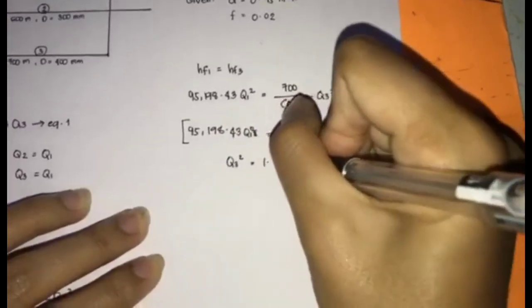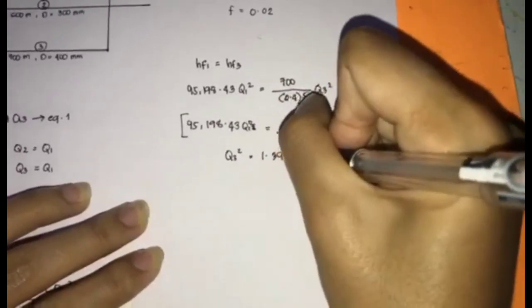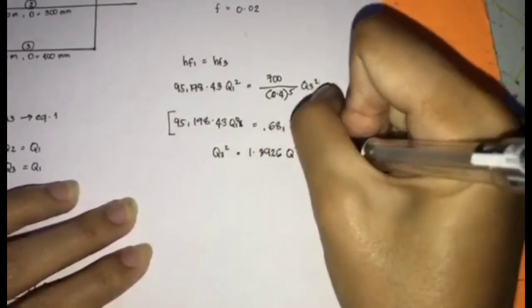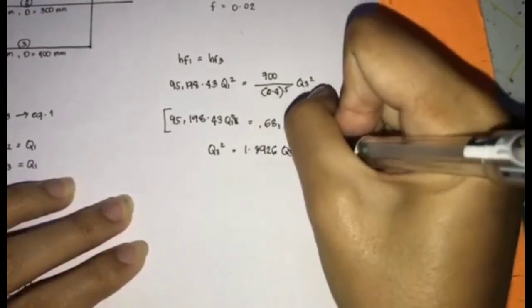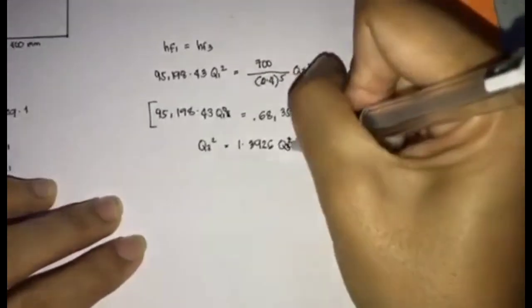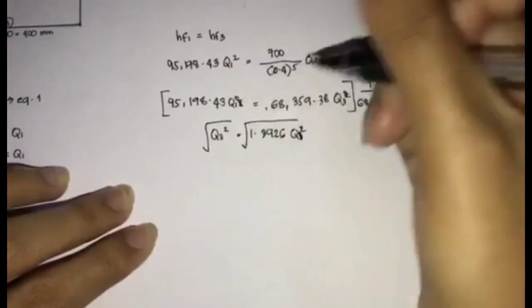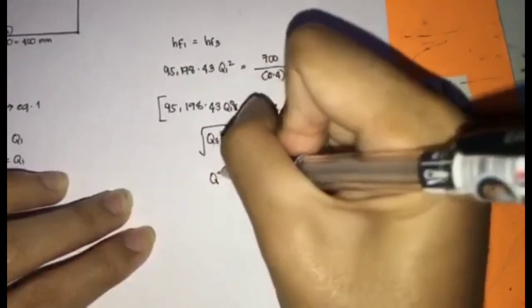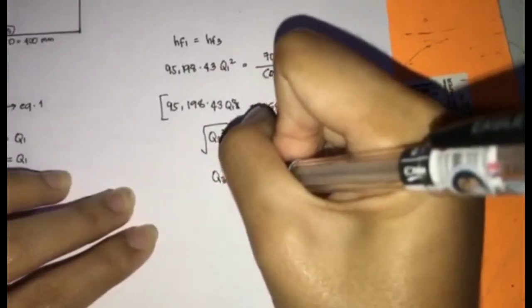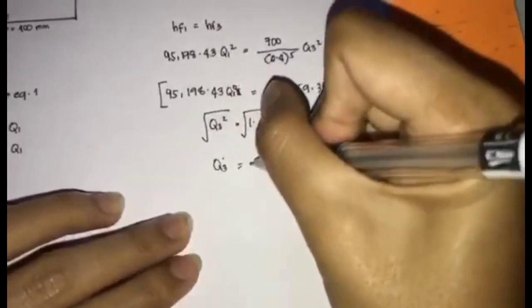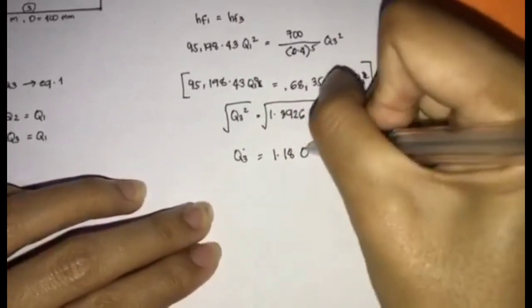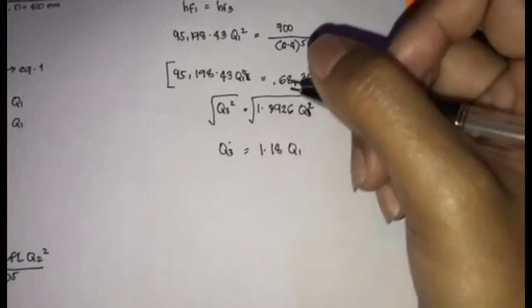So Q sub 3 squared is equals to 1.3926 Q sub 1 squared. So simplify, square root. So we get Q sub 3 is equals to 1.18 Q1.